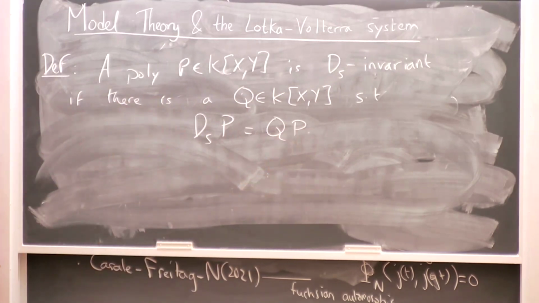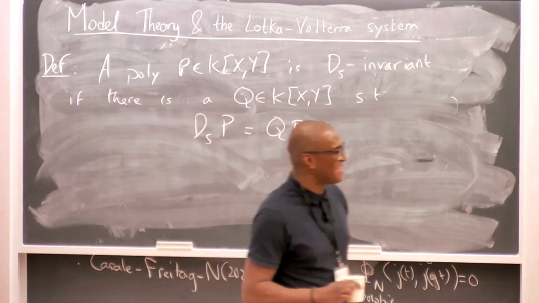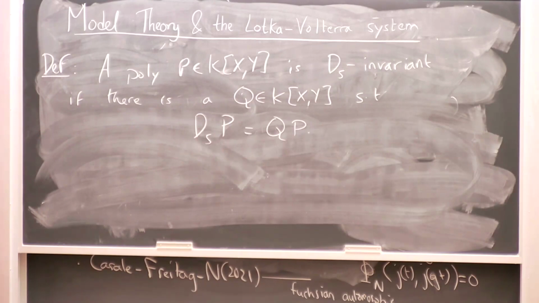So you apply the partial derivative to the polynomial, and then you multiply. It's simply what you would do normally.